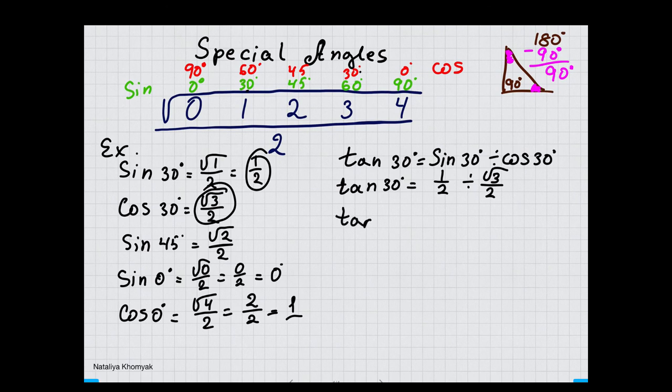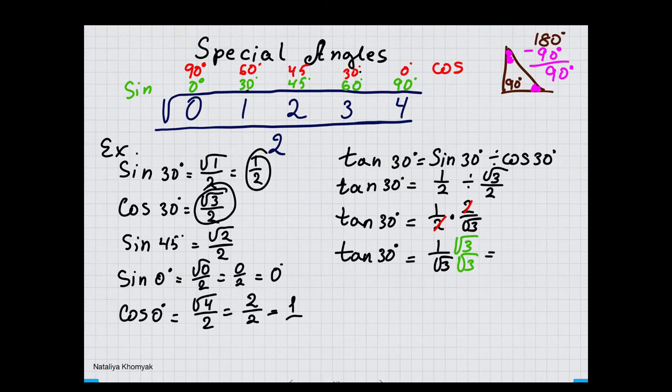So tangent of 30 degrees is equal to 1/2, change division into multiplying, flip the second fraction, 2 out of square root of 3. 2 and 2 will cancel, so tangent of 30 degrees is equal to 1 out of radical 3, and the only thing you need to do is rationalize the denominator by multiplying the denominator and numerator by radical 3.